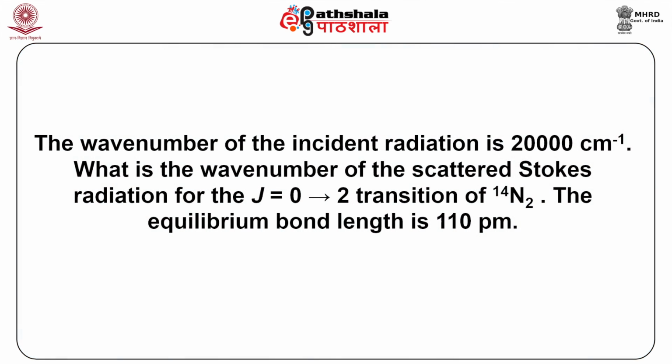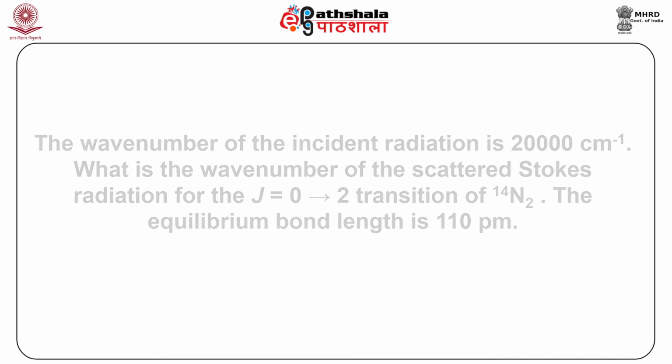The wave number of the incident radiation is 20,000 centimeter inverse. What is the wave number of the scattered Stokes radiation for the j is equal to 0 to 2 transition in nitrogen? The equilibrium bond length is given as 110 picometer.